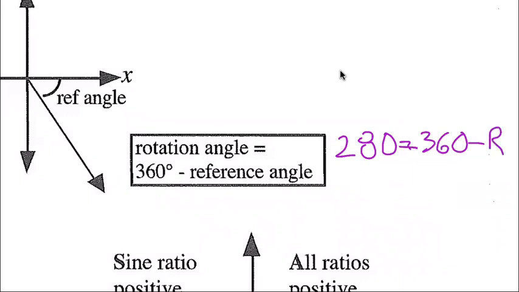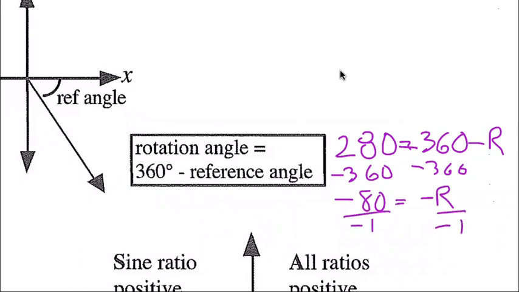Okay, so I'm going to first subtract 360. I'm sure you can all figure this out. 280 minus 360 is negative 80, which is equal to negative reference angle. So I divide by -1, divide by -1, that's 80 is my reference angle. Okay, so you can figure it out, right, using some mental math or some quick processes.